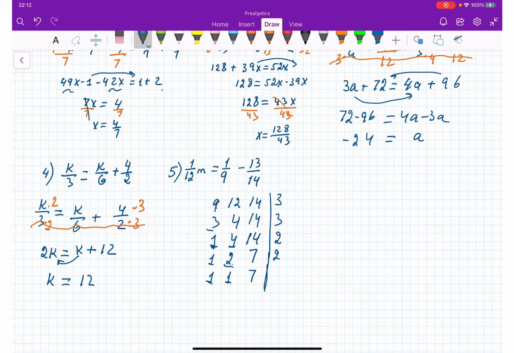Okay, so both of them are 1 now. So the third number I have to divide is 7. The only number I can divide by is 7. 1, 1, 1, 1. And the product of these numbers is going to give us our least common denominator. Okay, let's see. 3 times 3 is 9. Here we have 2. 9 times 4, right?